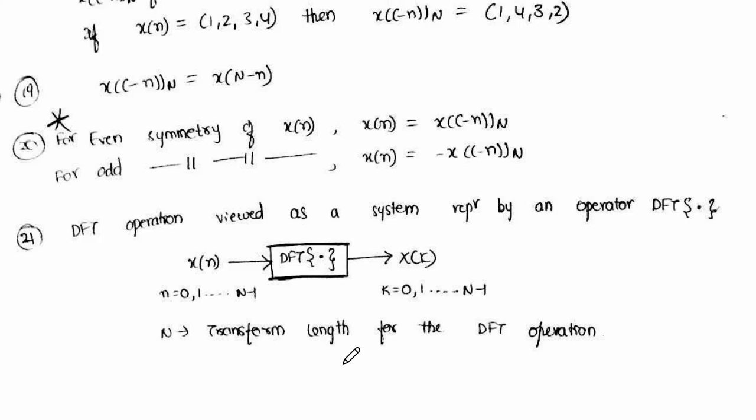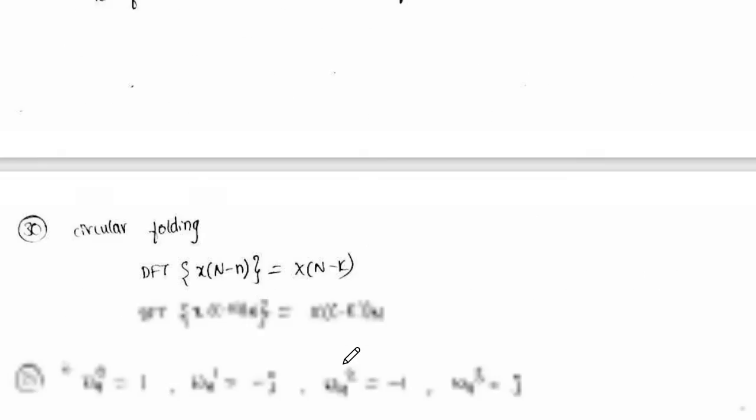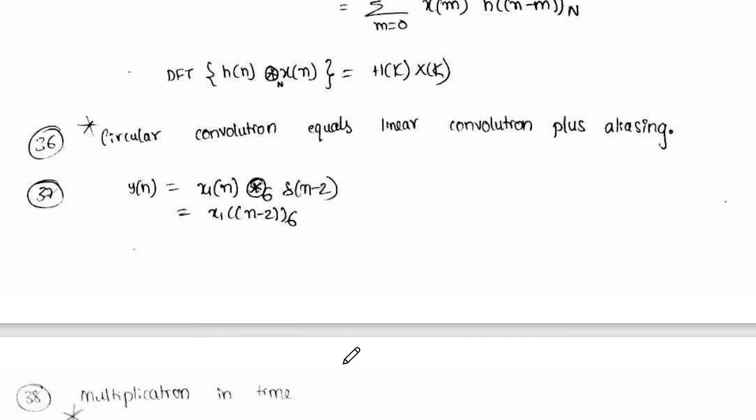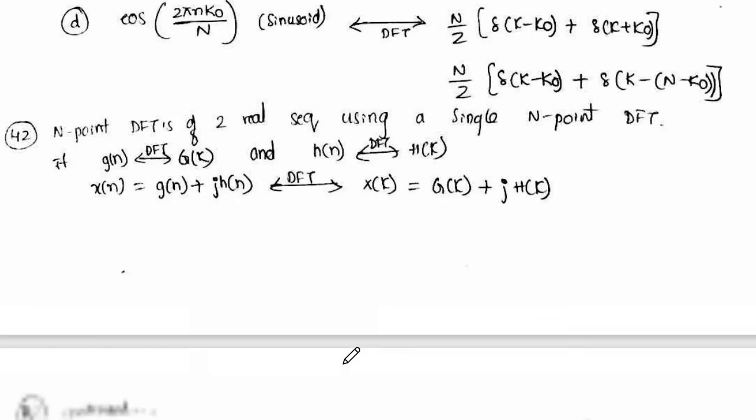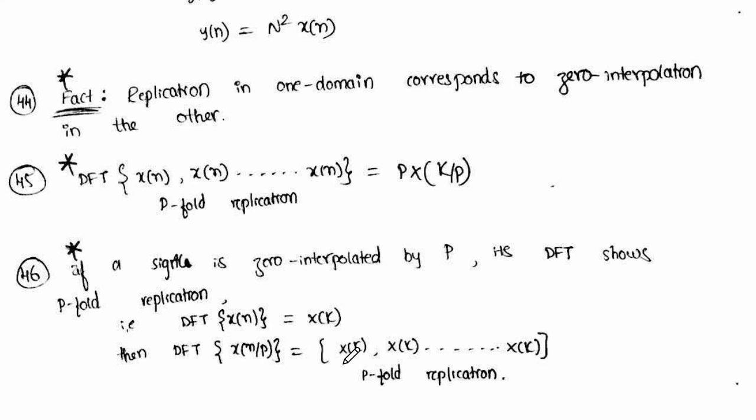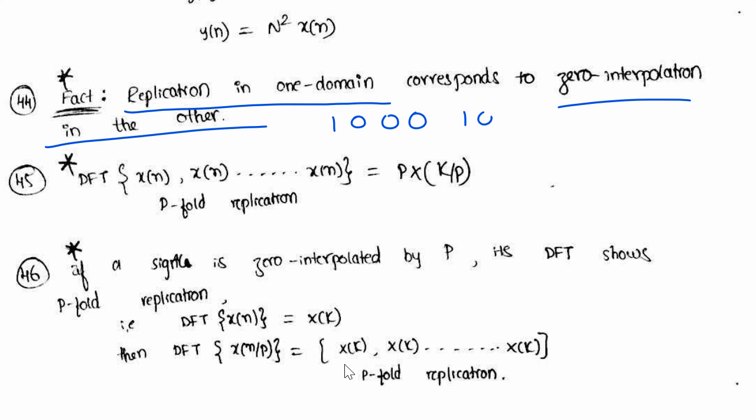And where is the formula which we have used? Yeah, it's here. The replication in one domain corresponds to zero interpolation in the other domain. What we have used is 10001000, so twofold replication in the time domain, and my output should be interpolated and multiplied by a factor of p.